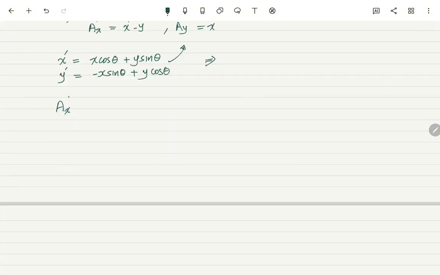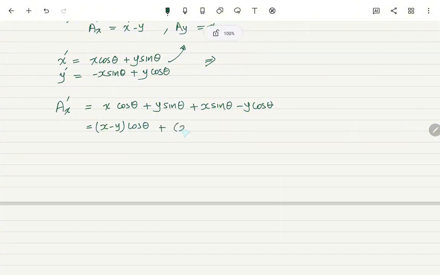ax prime equal to x cosine theta plus y sine theta plus x sine theta minus y cosine theta, or x minus y cosine theta plus x plus y sine theta.